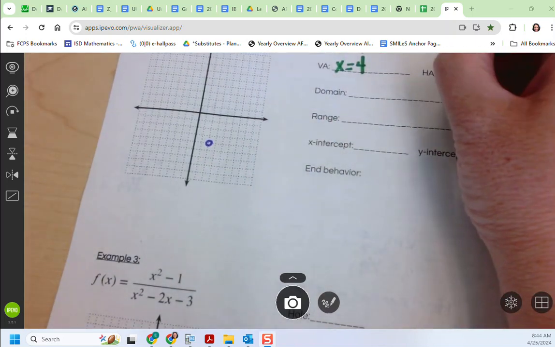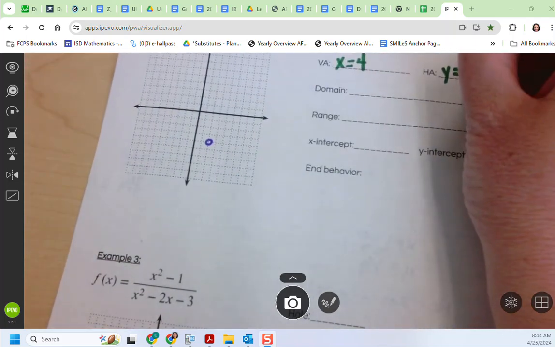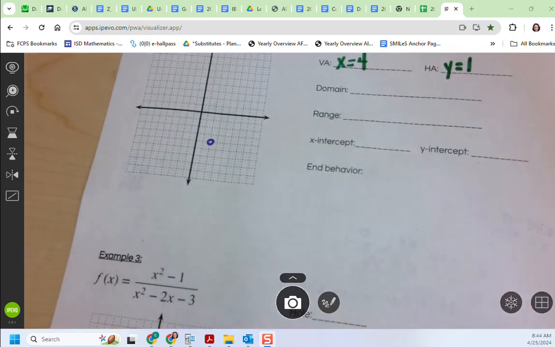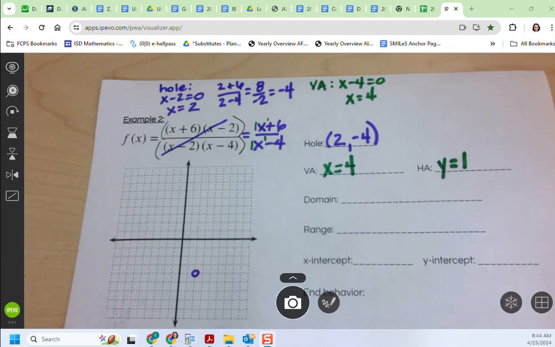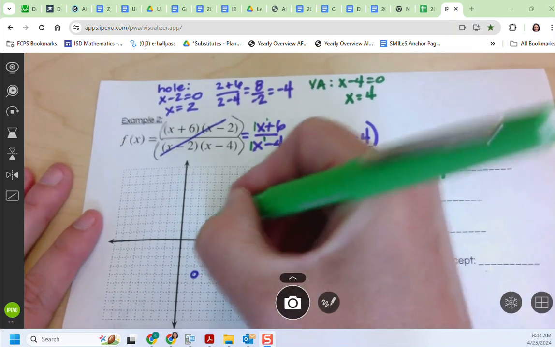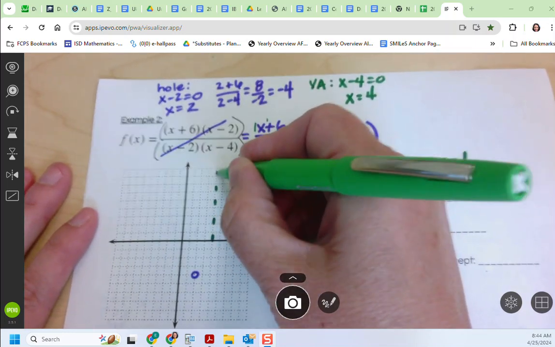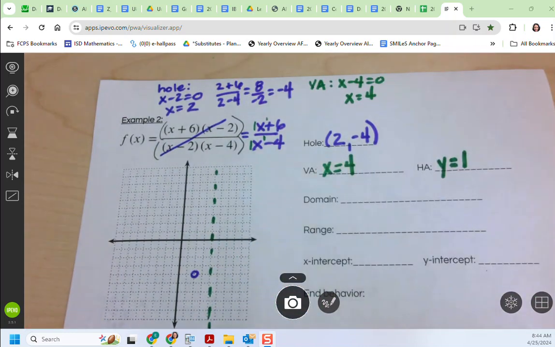And so it's going to be y equals 1 over 1, which is 1. So let's graph these at x equals 4, 1, 2, 3, 4. And y equals 1.